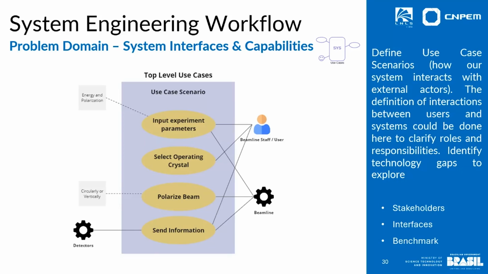So it's very important for us in this part of the project to understand what the other systems already built or being built for the beamline are, and who the people that will use the system at some point are. We can't know all the users around the world, but we can know the beamline staff here inside CNPEM and the other groups around the beamline staff also.